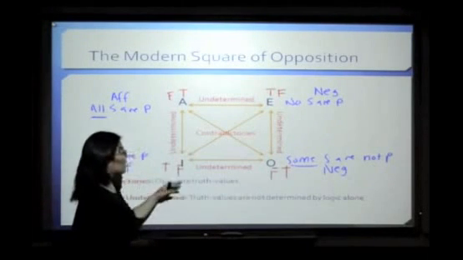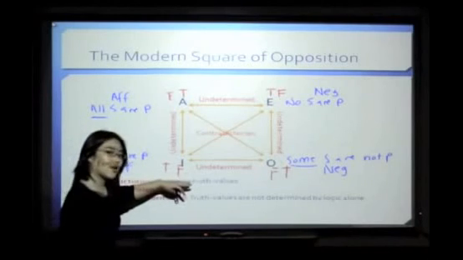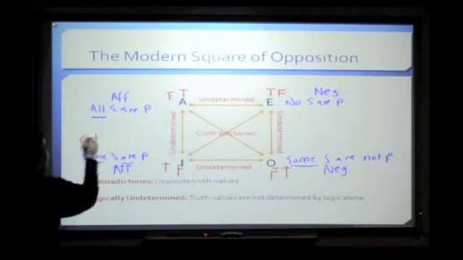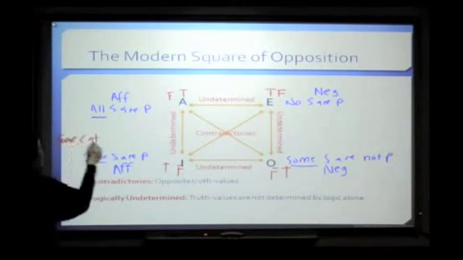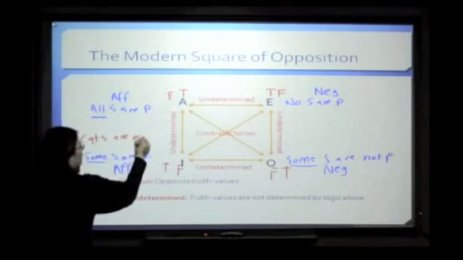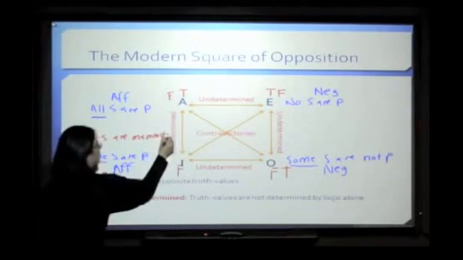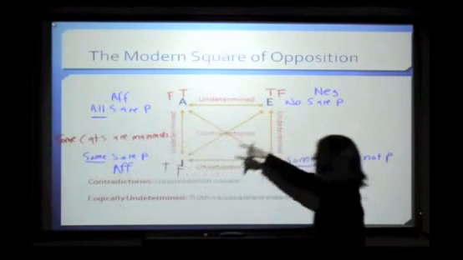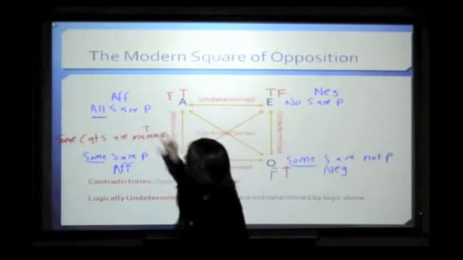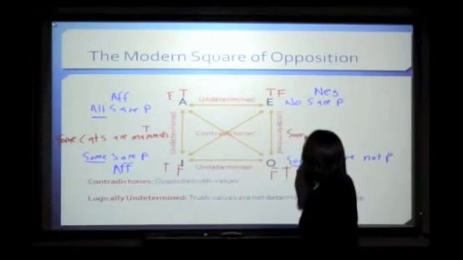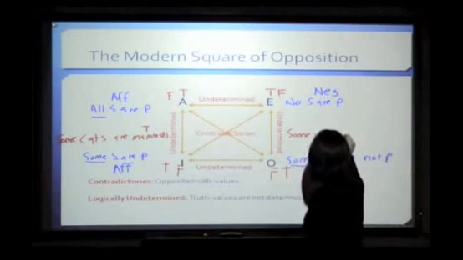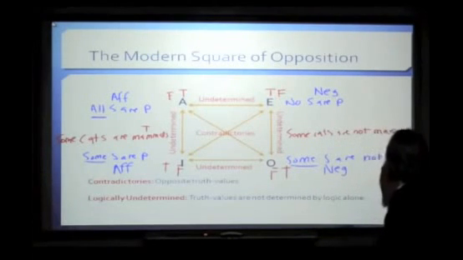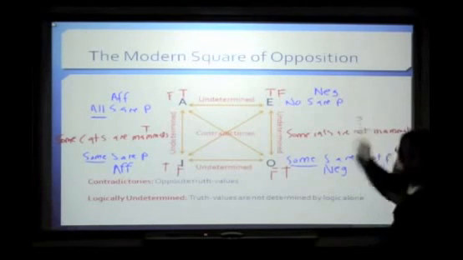So if you have, for example, the statement some cats are mammals being true, then we don't actually know, based on this being true, whether or not some cats are not mammals is also true, okay?